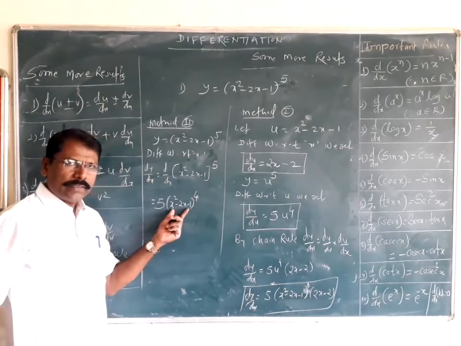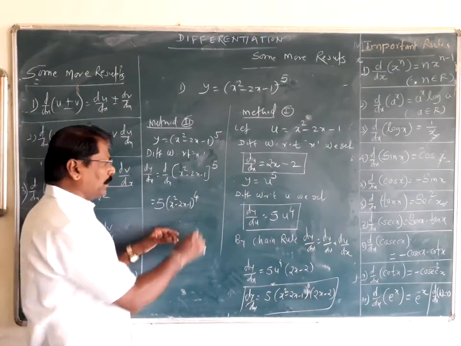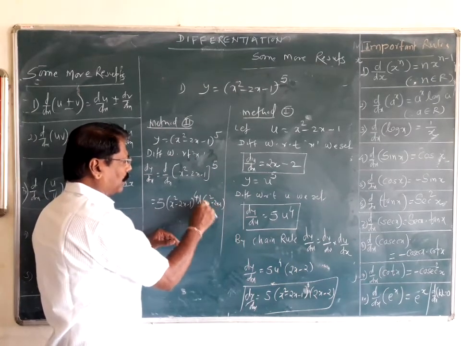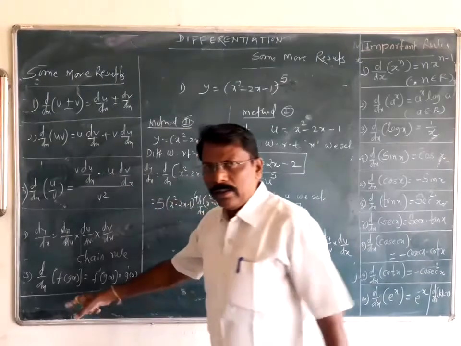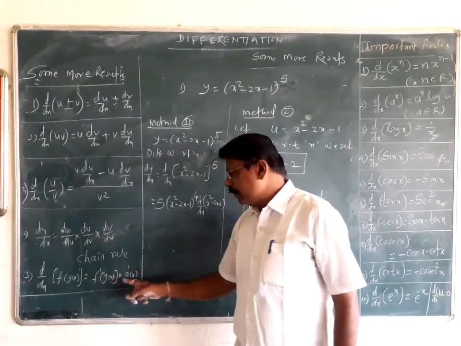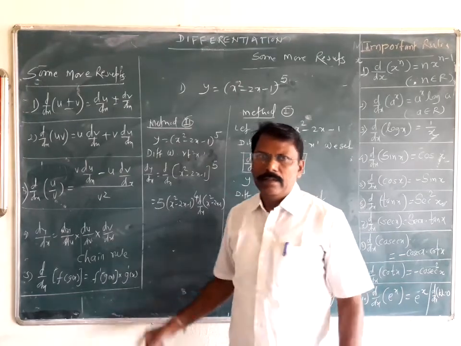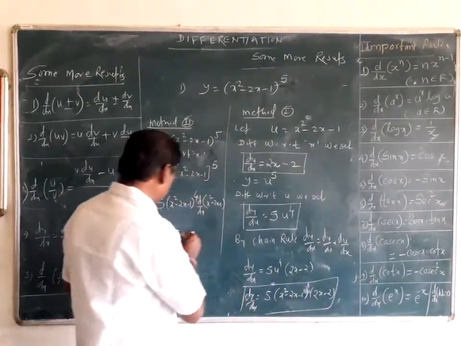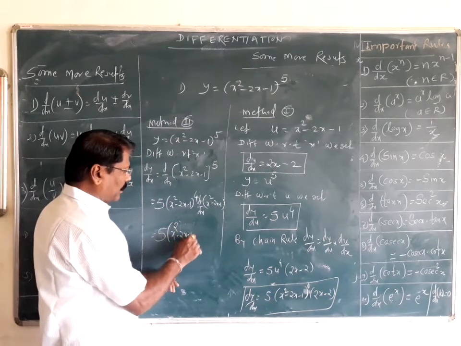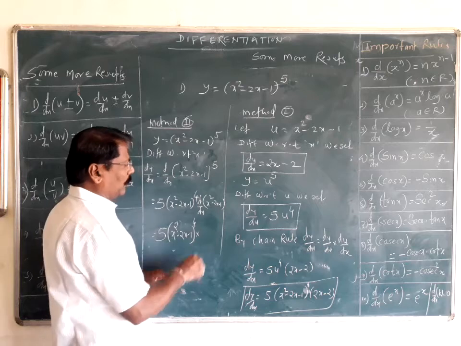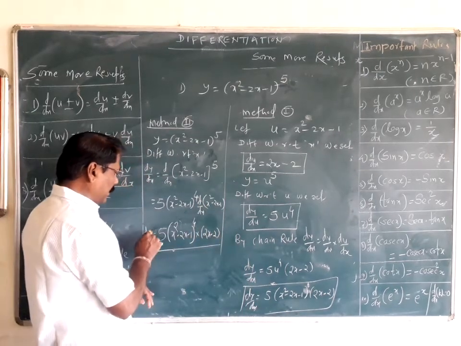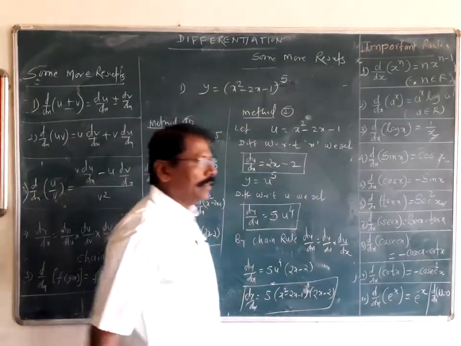But it is not a simple function, it is a composition function. Then multiply by the derivative of the inner function, just like here: derivative of f is f dash into the derivative of the inner function g dash x. So therefore, finally it is 5 (x square minus 2x minus 1) raised to 4 into (2x minus 2). That is the dy by dx.